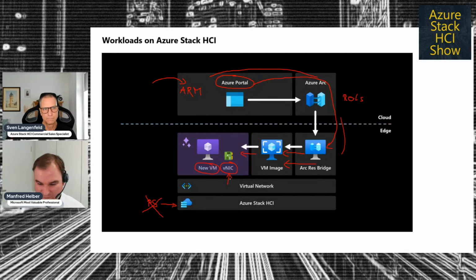So the main recommendation here is to ensure that you use the Azure portal for new workloads, or that you use tools that trigger the Azure portal. So the recommendation is not to use System Center Virtual Machine Manager for Azure Stack HCI 23H2. It's my recommendation. I don't know if there's any official recommendation from the product group, but the product group always says, we don't explain what you should not do.